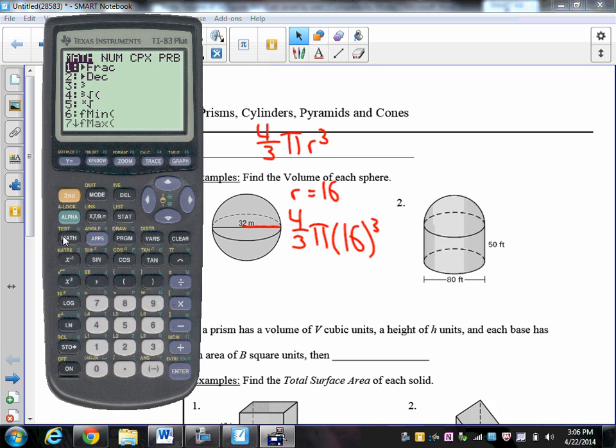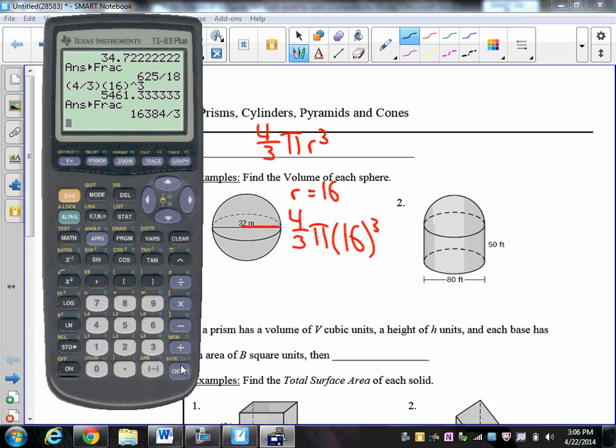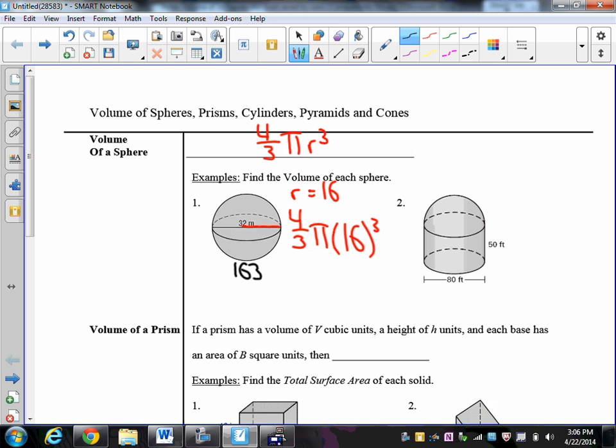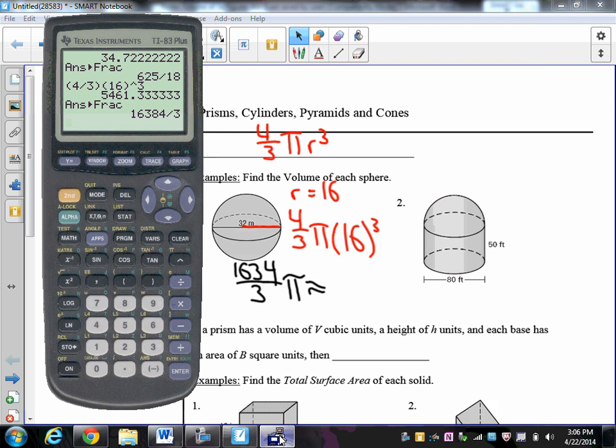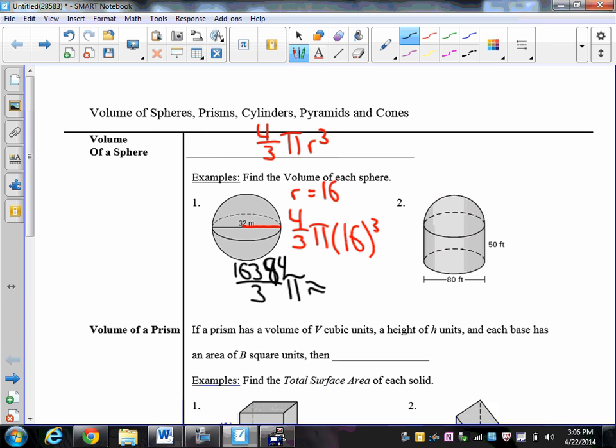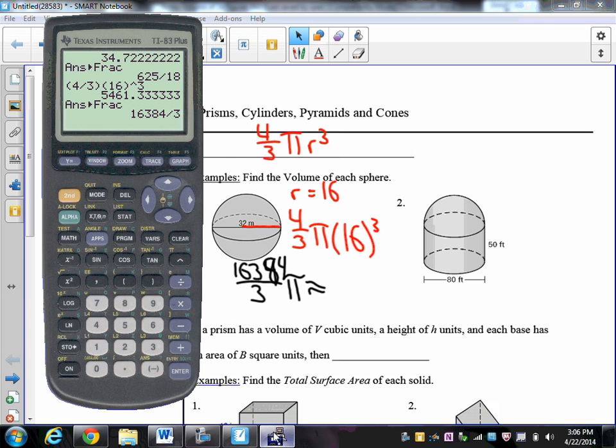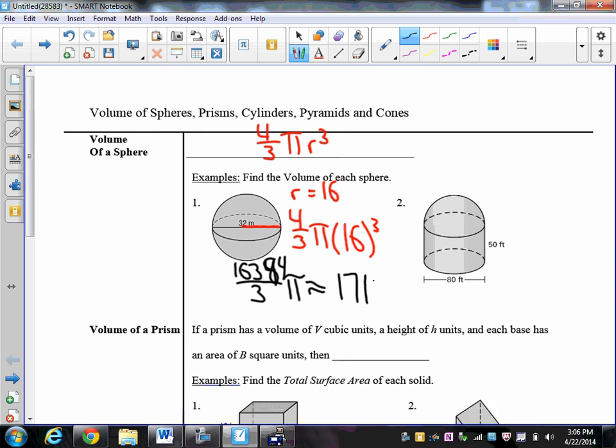So that's going to be, let's turn into a fraction, it's going to be 16,384 over 3 pi, I forgot an 8, which is about equal to 17,157. Of course, we need our units, so it's going to be meters cubed.